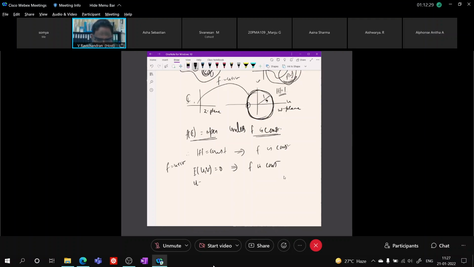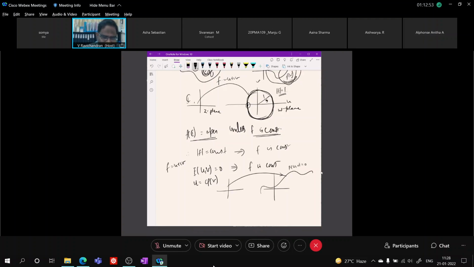By solving this, you can write u equal to some psi of v. That means this represents a curve in the complex plane. So phi of u comma v equal to 0 represents some curve like this. So if your complex plane is going into some curve, then also the function will become constant.